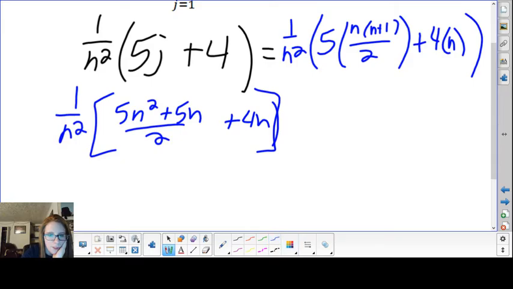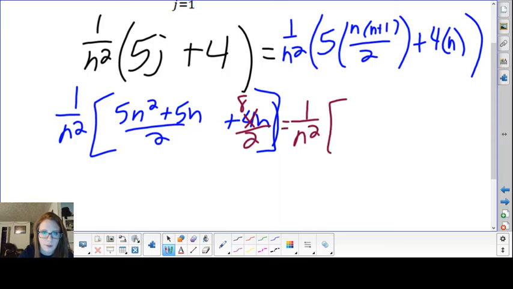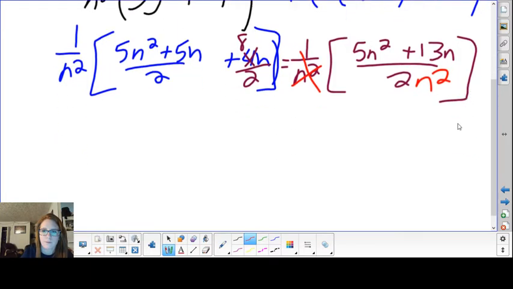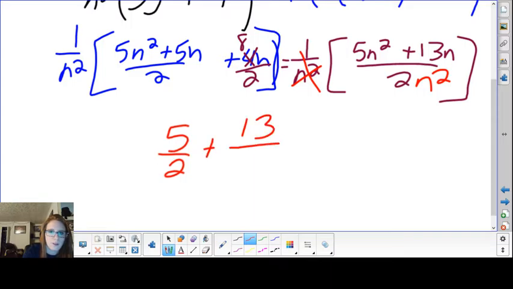And again, I want to make that guy divided by 2, so when I do that, I have to multiply him by 2, so he turns into an 8. Which gives me 1 over n squared times 5n squared plus 8n plus 5n is 13n, divided by 2. So he gets to come in here. So I get 5 over 2 plus 13 over 2n.